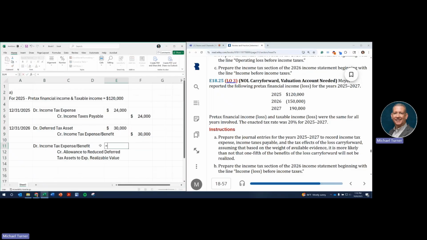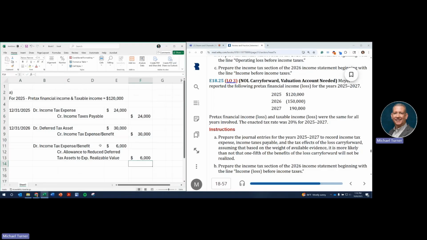So how much is this dollar amount going to be? Well, we have a deferred tax asset of 30,000, and as the problem says, 1/5, that's 20%, of the deferred tax asset carry forward will not be realized. And so that equals $6,000. And so I will then credit the valuation allowance to reduce the deferred tax asset to its expected realizable value.